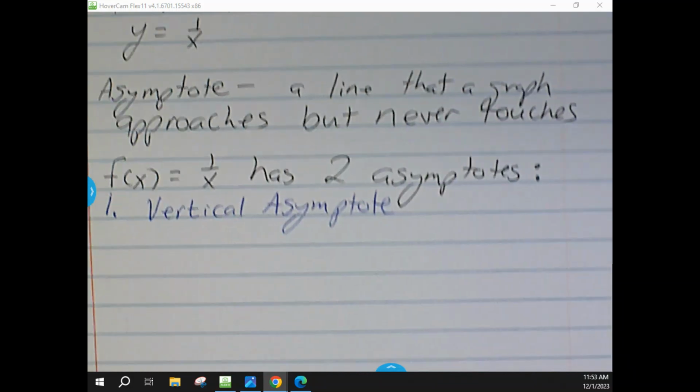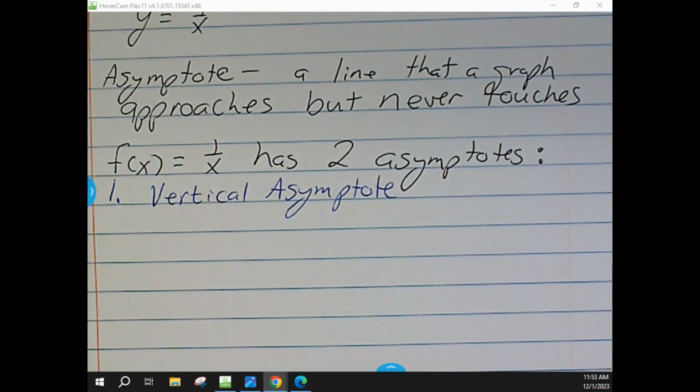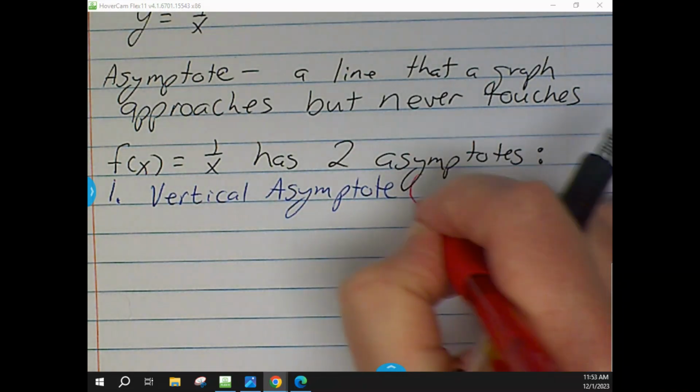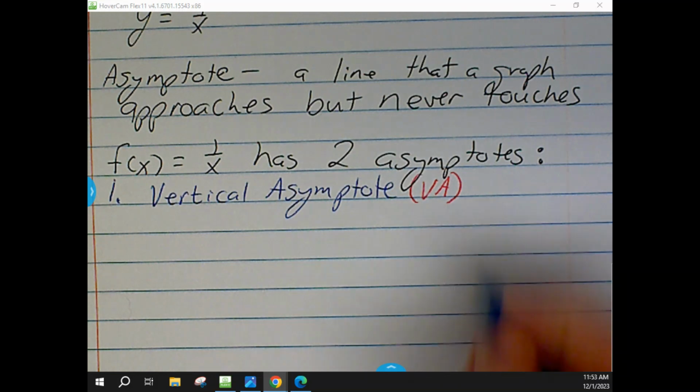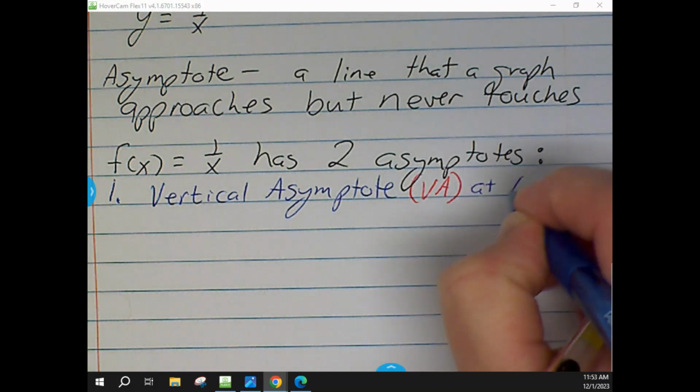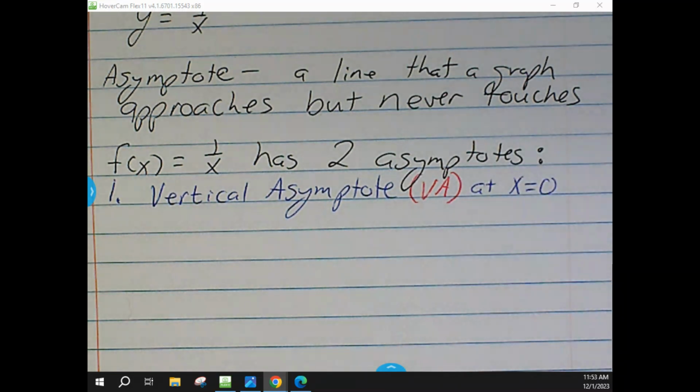And again, math people are great for being kind of lazy, so we do some things short. Instead of writing out vertical asymptote every single time, we're just going to put VA, because that's a whole lot shorter than saying vertical asymptote. So it's going to be at x equals 0.